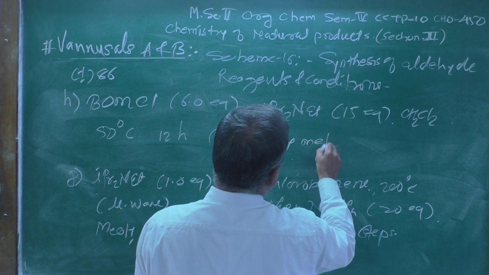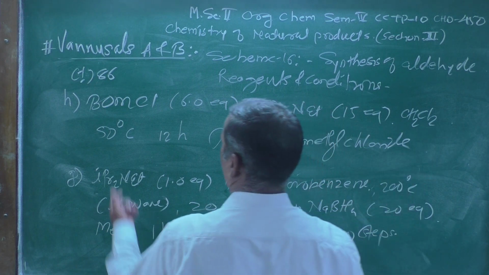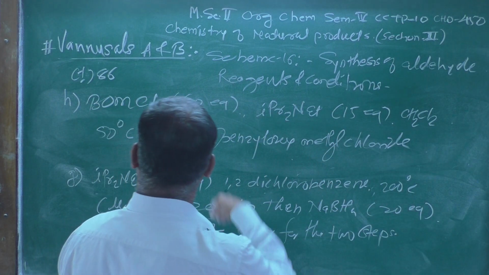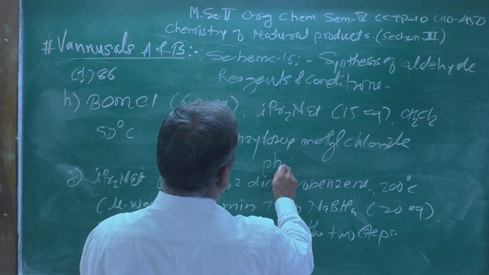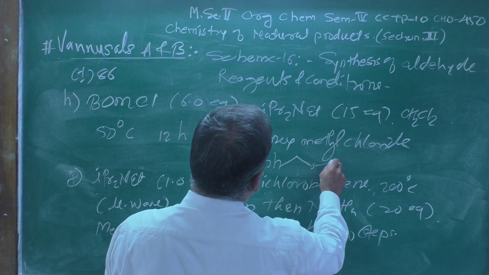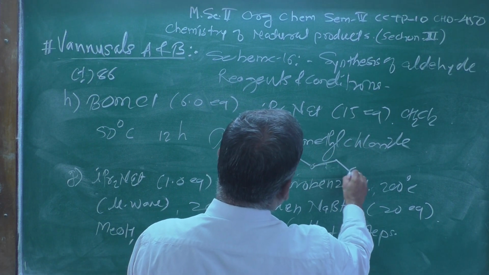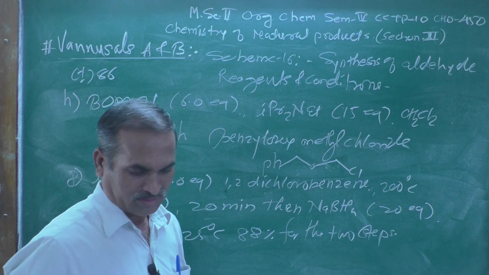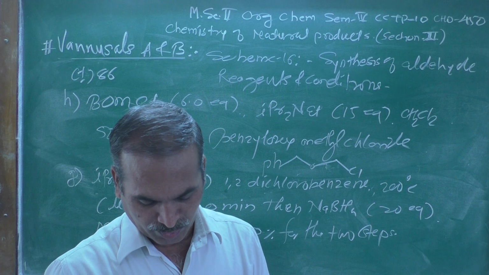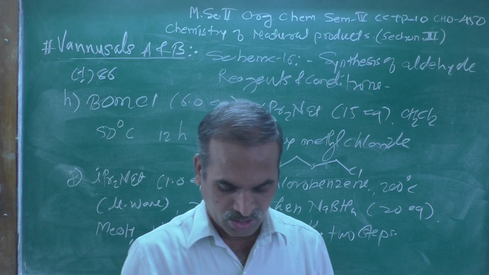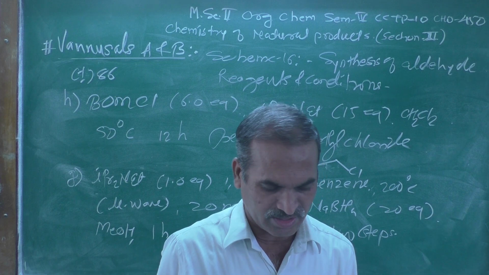or we can call it benzyloxymethyl chloride. Benzyloxymethyl chloride is the full form of BOM chloride, and the structure may be Ph, then CH2O, then CH2, then Cl. So that may be the structure, and it is used for the protection of alcohols or amines, but particularly in this case there is an alcohol group.